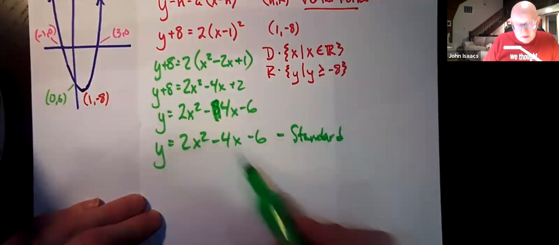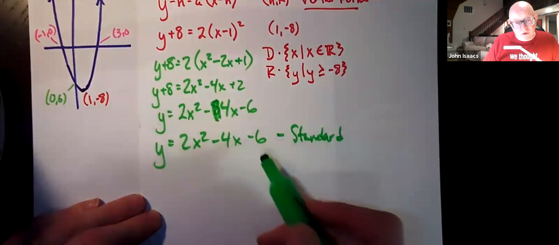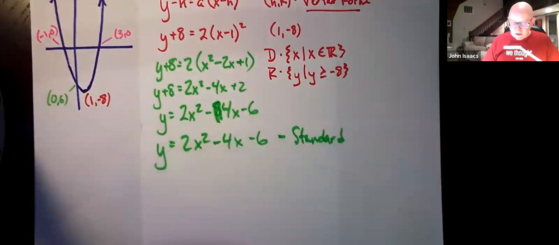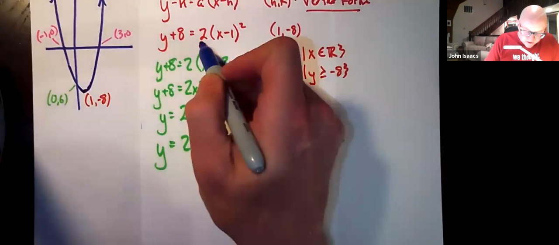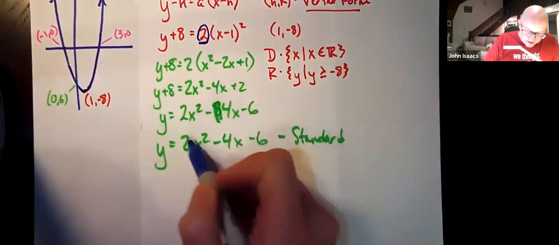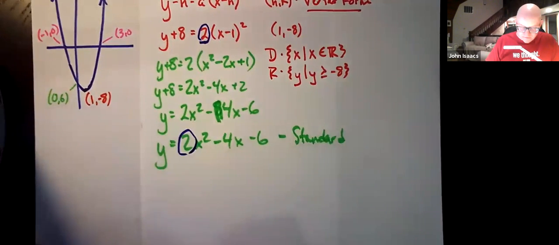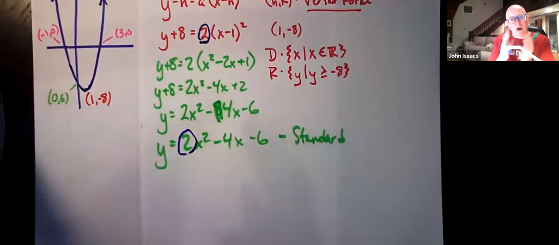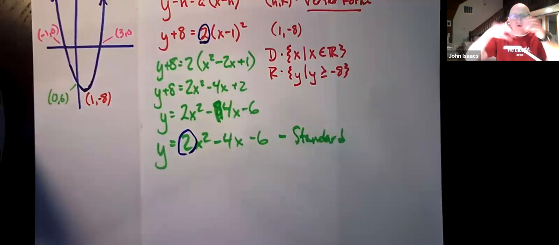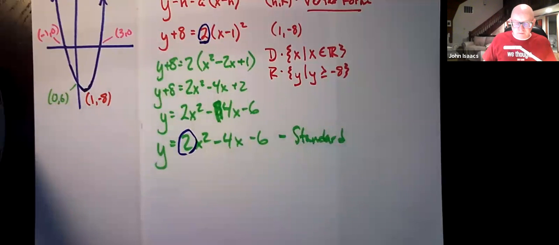We call this b, the coefficient of x, and we call this c, -6, the constant. Now, in standard form, notice that the a value here is the same as the a value in vertex form. That still controls how narrow or wide the parabola is, and it also controls whether it's flipped over the other way or not.